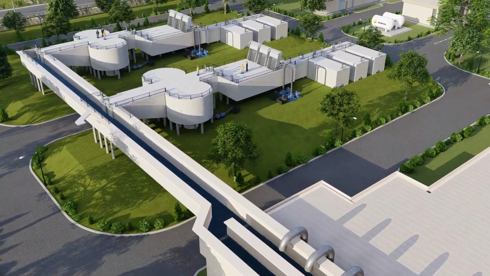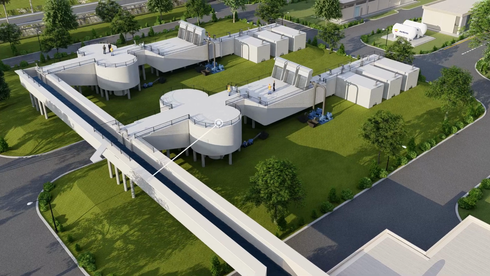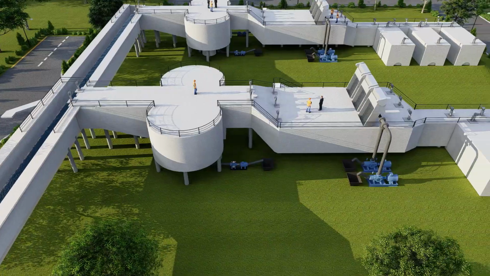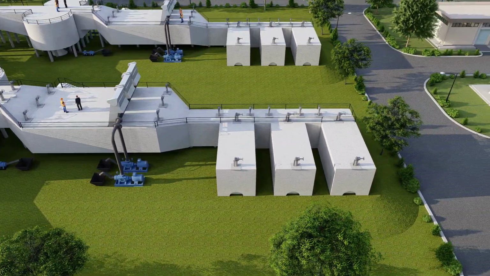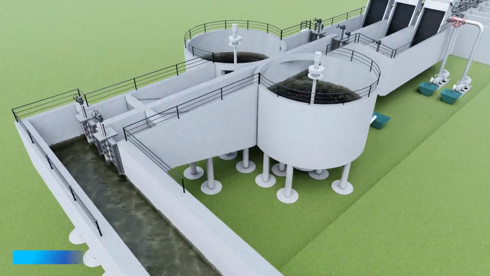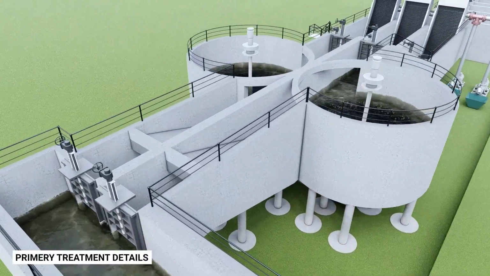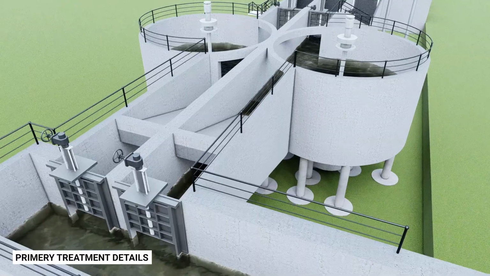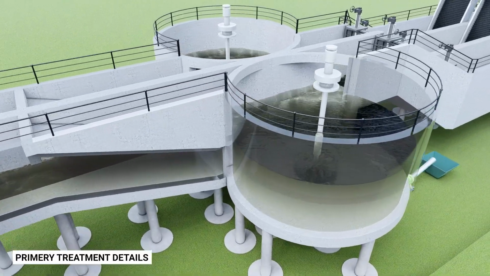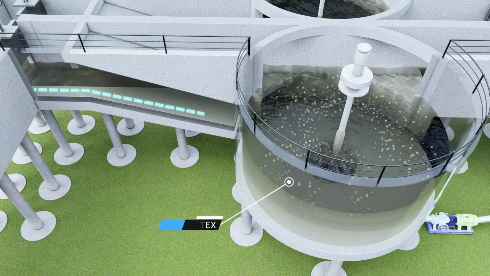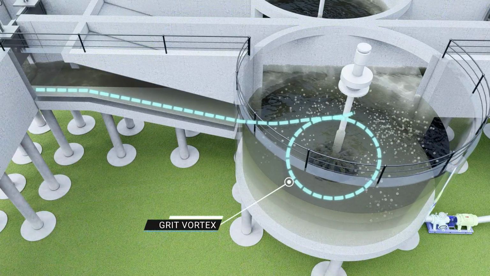The next step is the preliminary treatment, where the water will be bypassed. Here, water will move to the grit vortex and grit will sediment as sludge.